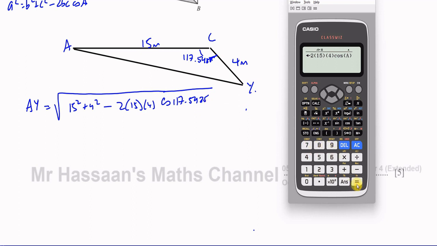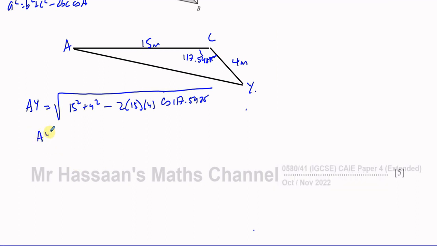Now if I press equals here, it should give me my answer, which is 17.219. So AY equals 17.219.